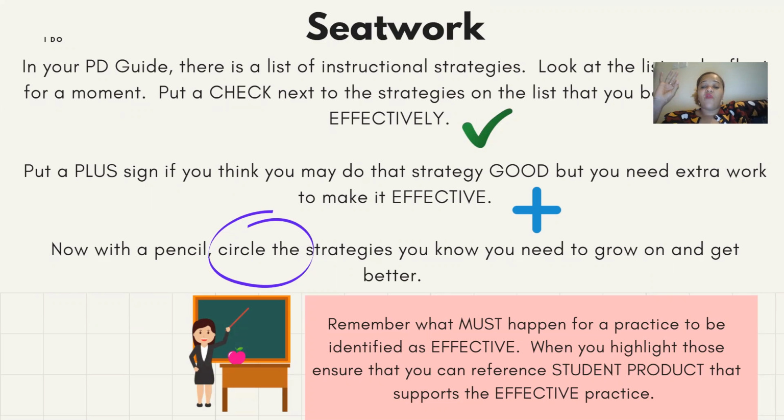Remember, for a practice to be identified as effective, you have to have a student product that supports the effective practice. You must have evidence that it is effective. It's not just about what you think and feel. It's about what you know, because you've seen over 50% of your class be able to do that.